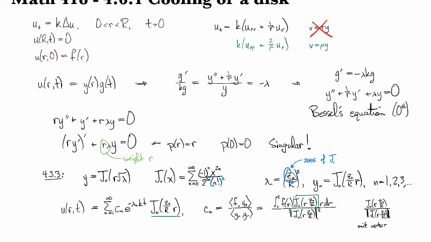And then the last thing I wanted to point out was that this guy here is the weight factor. So these guys are orthogonal when you've got the r in there, but they're not if you don't have the r in there.